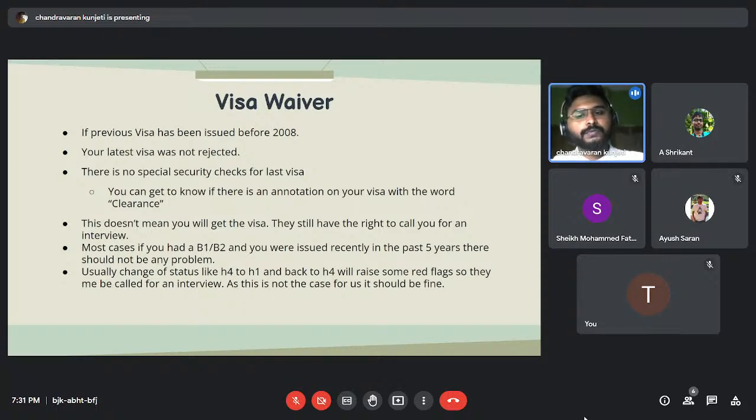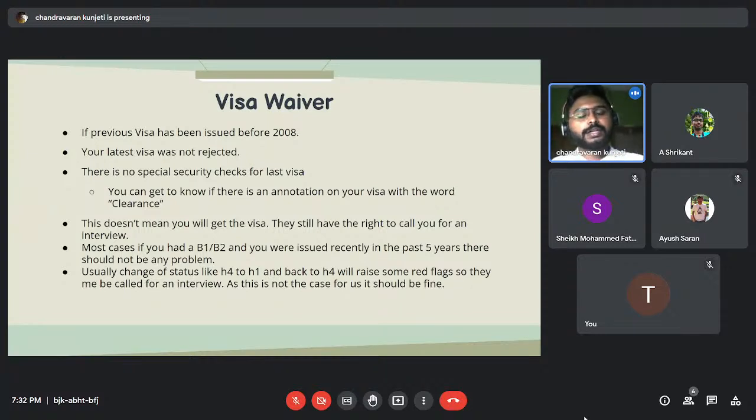Also, when you get a visa, there'll be an annotation section, and you should make sure there's no word of clearance in it. Basically, this is an extra security step the visa people have taken to make sure you have security clearance to go to the US. If you have these words on your visa, you will not be applicable for a visa interview waiver.